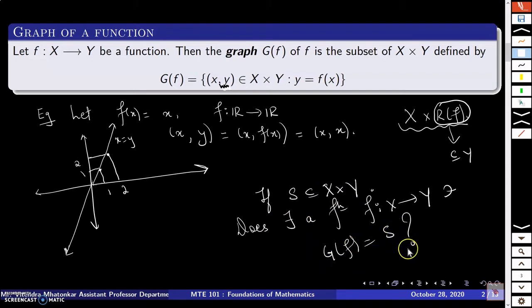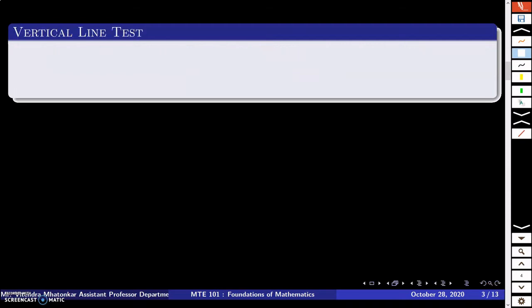Okay, so this question we are going to answer now. Before looking at an example, I will tell you something called the vertical line test. So let's see what the vertical line test is.